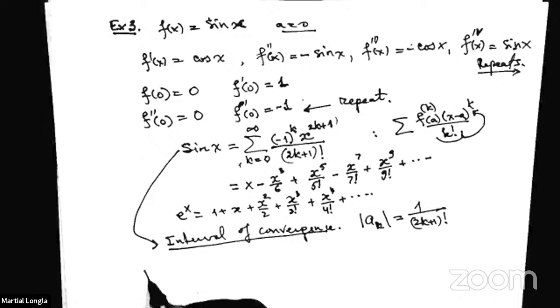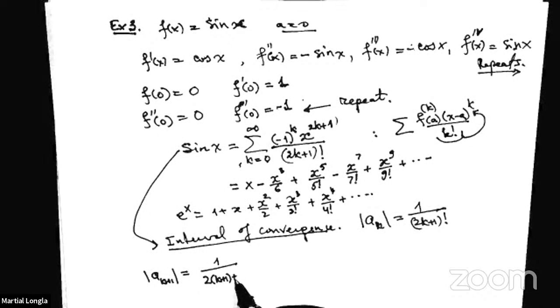So the absolute value of a_(k+1) is 1 over 2 times k plus 1 plus 1 factorial, which is 1 over 2k plus 3 factorial.